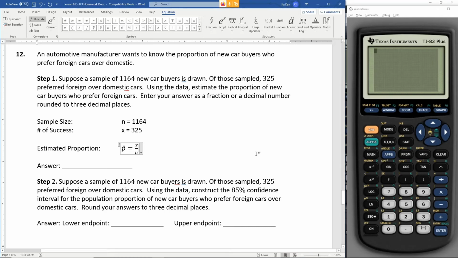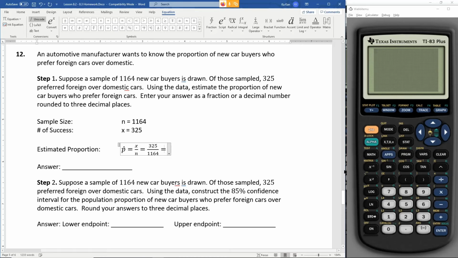That's it. That's the estimation, because that's the only thing you have to go by for the true proportion, the true success rate. So X over N would be 325 over 1164. 325 divided by 1164 is 0.2792.